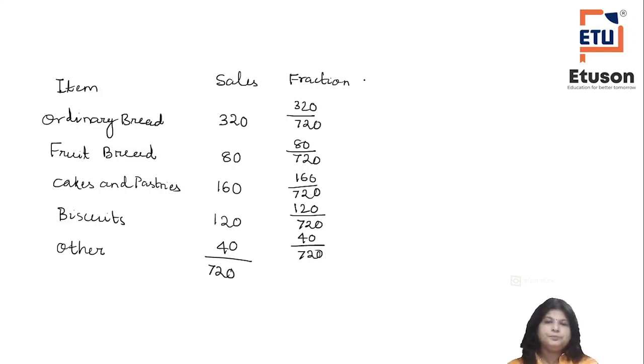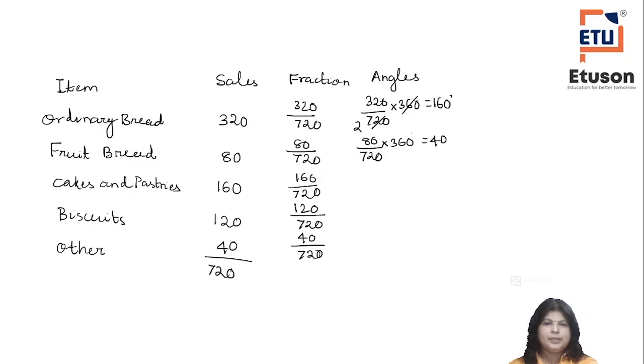Okay, so what will be the angle subtended? The angle will be equal to 320 by 720 into 360. So 360 by 720 is half, that is 160 degree. Similarly 80 by 720 into 360 will be equal to how much?